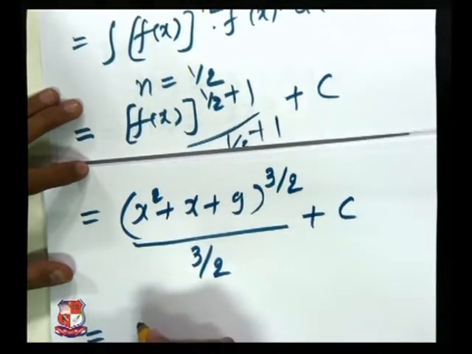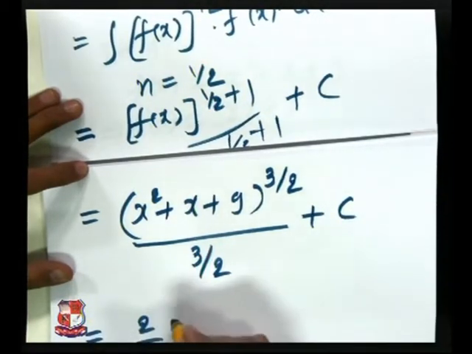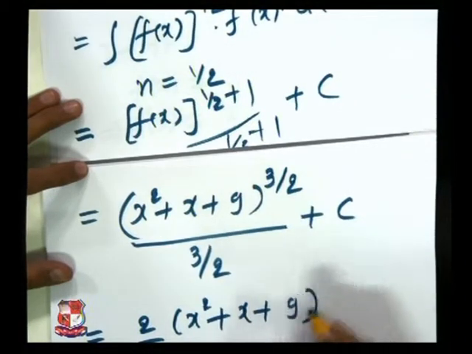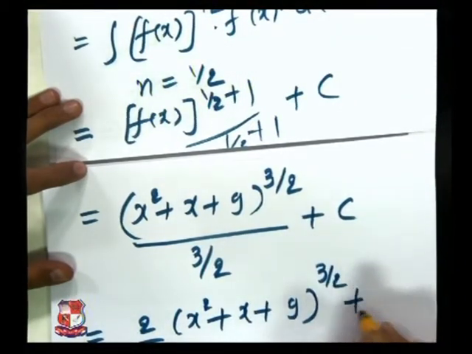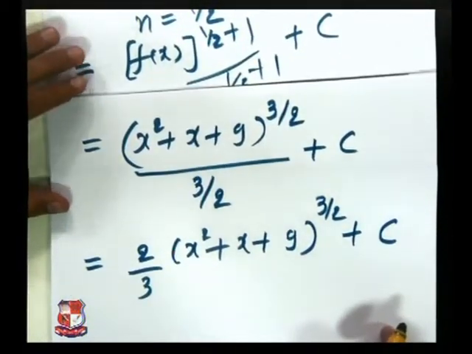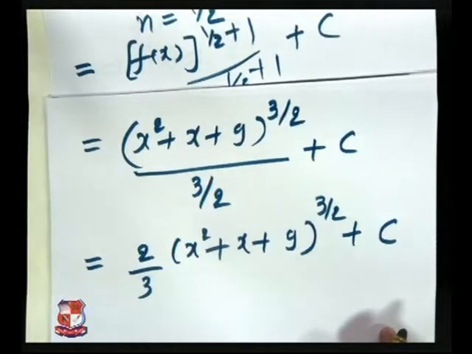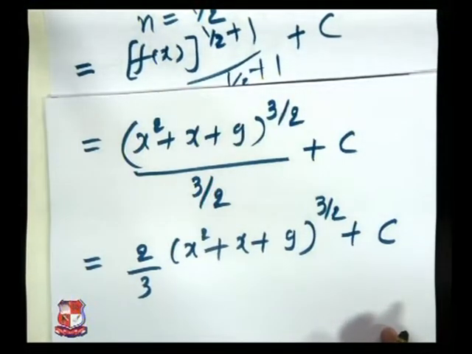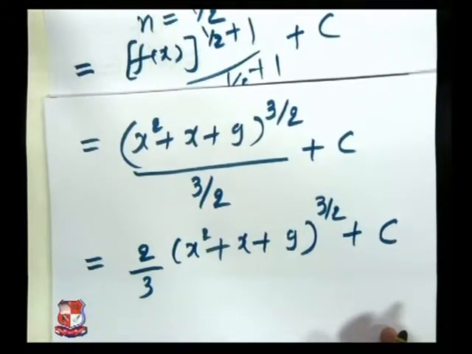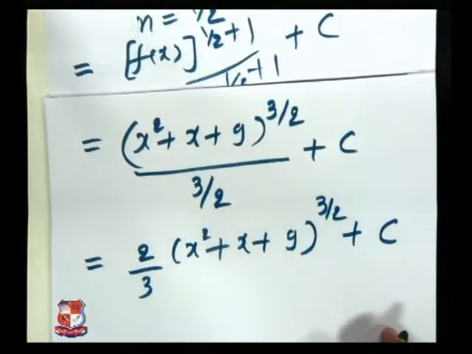So after all, this one is equal to 2/3 x square plus x plus 9 raised to 3/2 plus c. So this is the final evaluation of the integral 2x plus 1 into root of x square plus x plus 9 into dx.